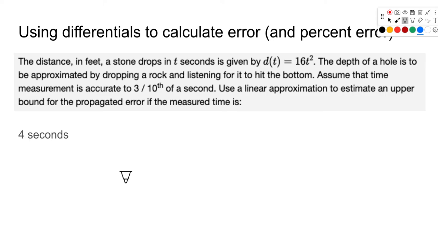So what we could do is drop a stone into a well or a hole. We listen, and we start the timer. When it hits the bottom, we stop the timer, and from the amount of time we could figure out how deep that hole is. And if we did it accurately, we could get very accurate. But they're telling us that there's a measurement error of 3/10.